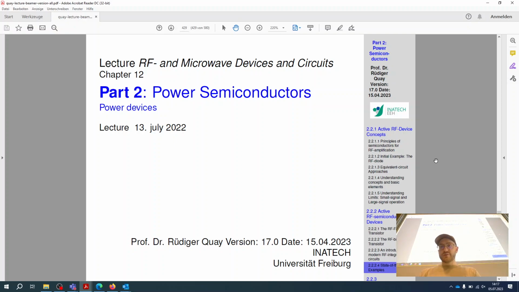Now, we talked a lot about antennas, and obviously for using those antennas in transmitting systems, you need some amplification of the signal beforehand.